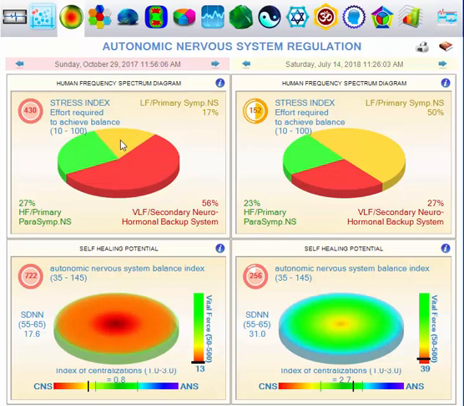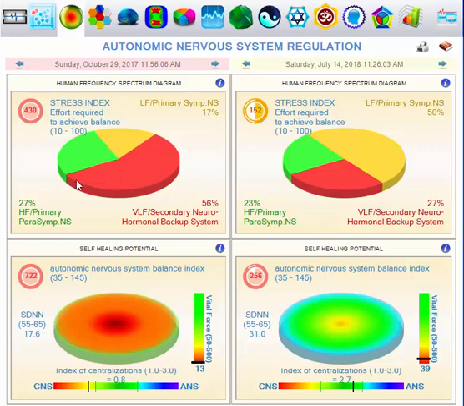If we only compare high frequency and low frequency, we see, oh yeah, it's good, the client has a high parasympathetic input. But actually, if you don't analyze the VLF, this will give you some wrong information.